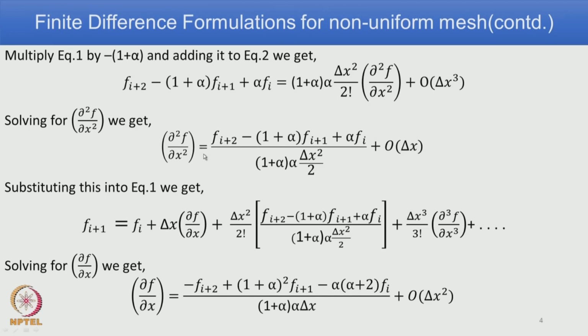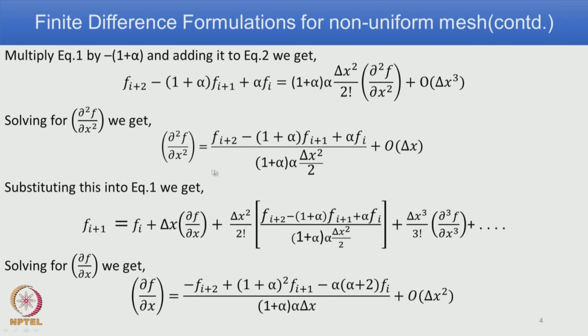So, we retain that term, and the remaining terms are brought to the other side. That is given here as f of I plus 2 minus 1 plus alpha f of I plus 1 plus alpha f of I, and this coefficient is brought to the denominator, and this is of order delta x cube, and if you divide by delta x square, then you get of order delta x. So, we obtain the second derivative forward difference formula for non-uniform mesh, and this is of order delta x.